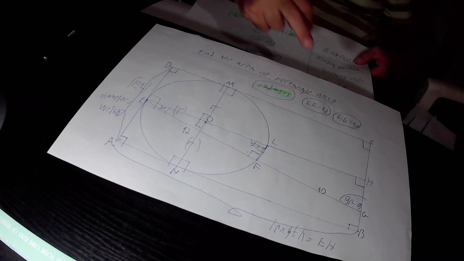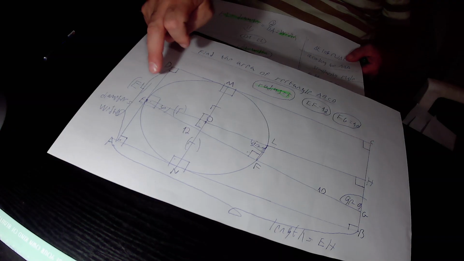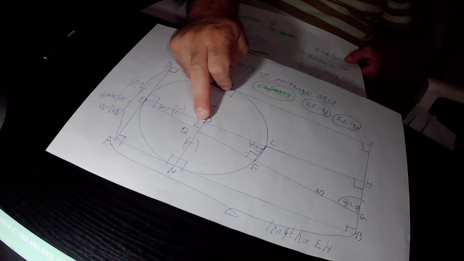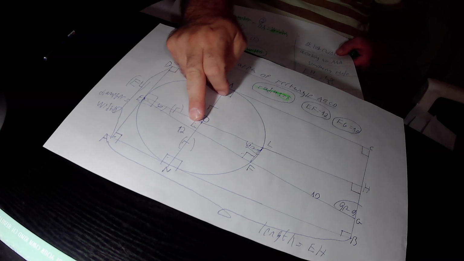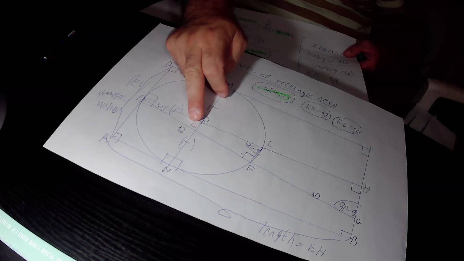EH is the missing side, so leave it as it is, over EF. EF is 12 units in its length according to what is given in the question. So we substitute EF by 12.